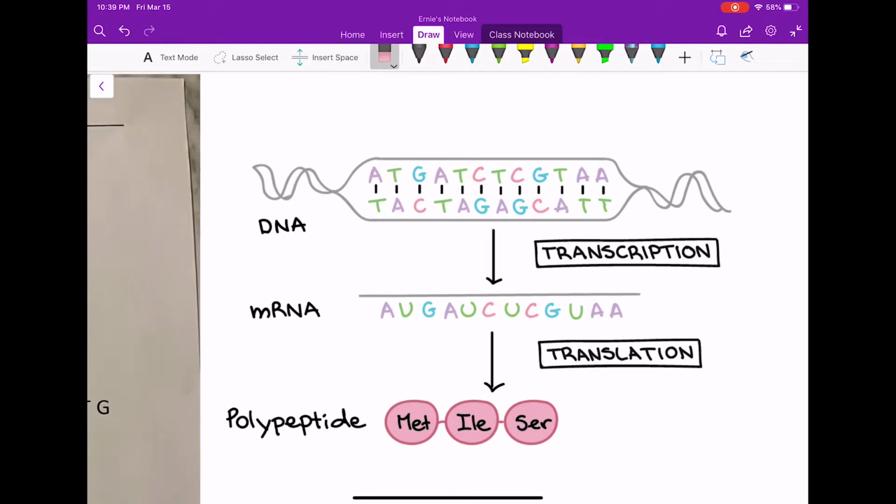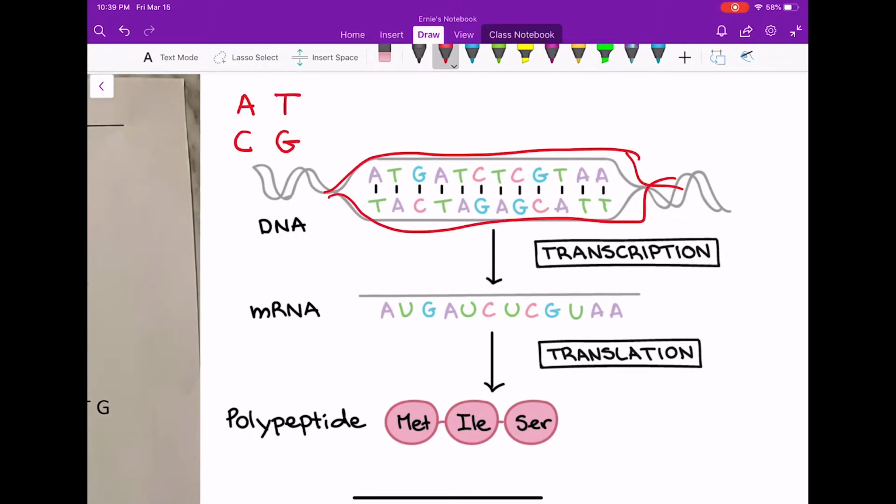And the most essential thing that you should keep in mind is that in DNA, we only have 4 nucleotides, and those nucleotides are A, T, C, and G, right? And in a DNA sequence, we will always pair up the A's with the T's, the G's with the C's, and vice versa, right?